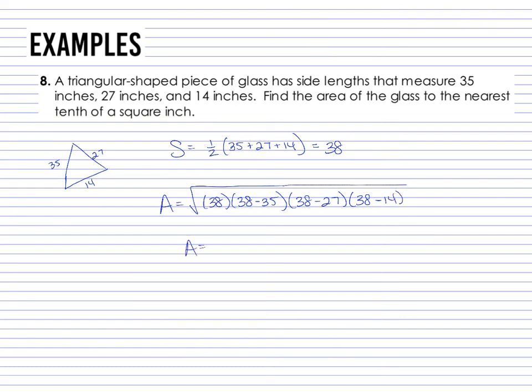The area is equal to, you can skip all these steps and put it right in your calculator if you want. I'm just going to show where it comes from. 38 times 3 times 11 times 24.